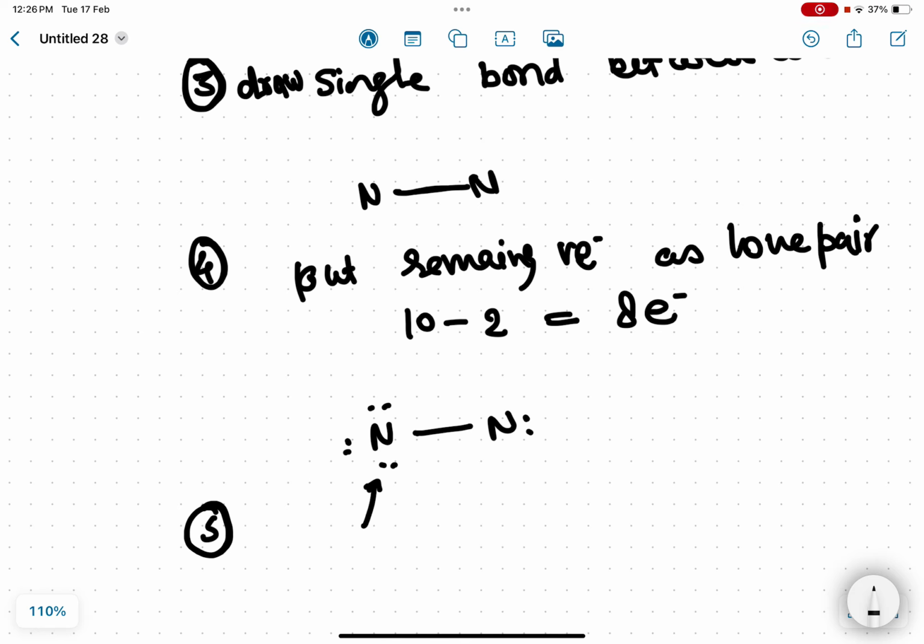Now fifth is to check if the octet is complete. If we see, its octet is complete, already 8 electrons, but here only 4 electrons are there.